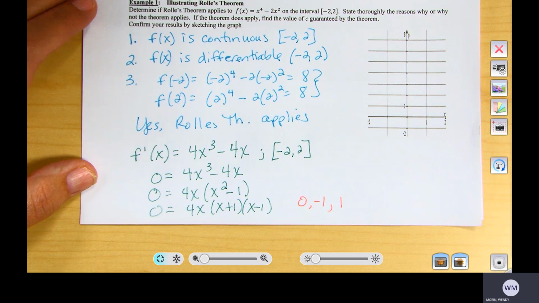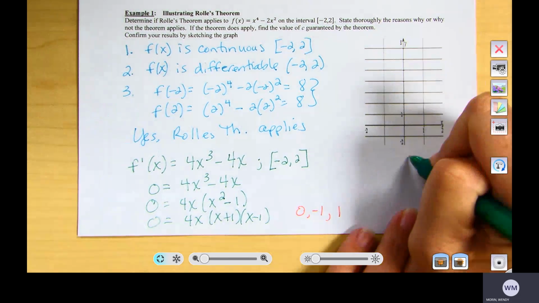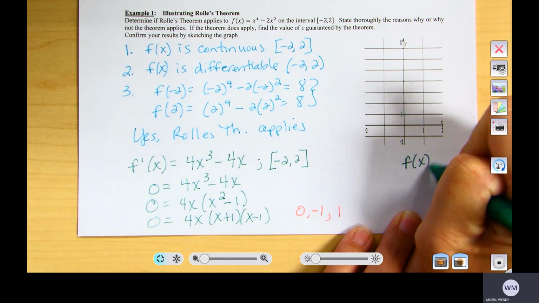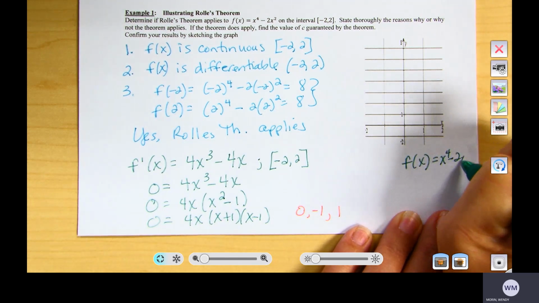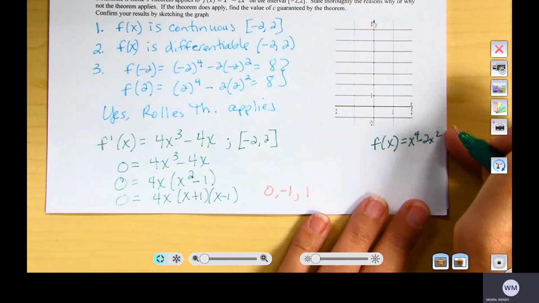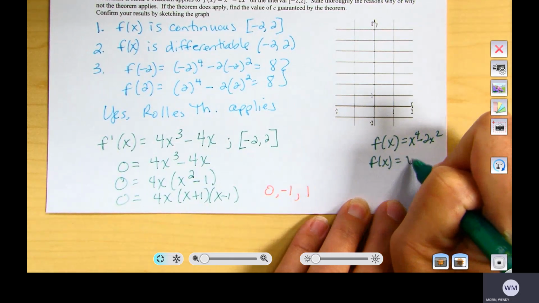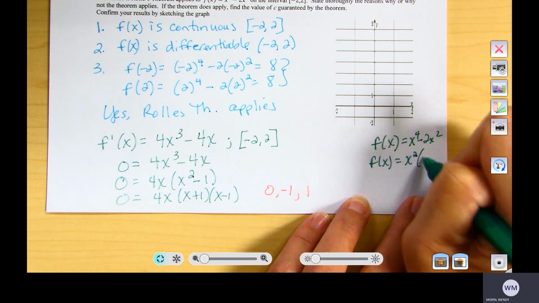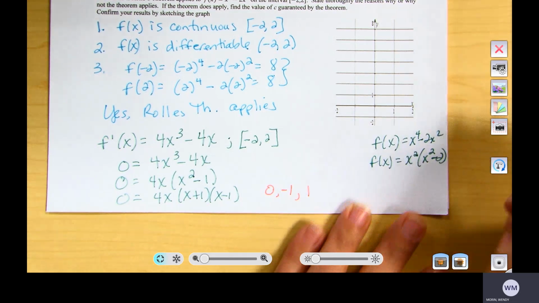So let's look at the graph. The graph of f of x equals x to the 4th minus 2x squared. Let's sketch a graph of this. F of x, let's pull out an x squared, and we get x squared minus 2, right?